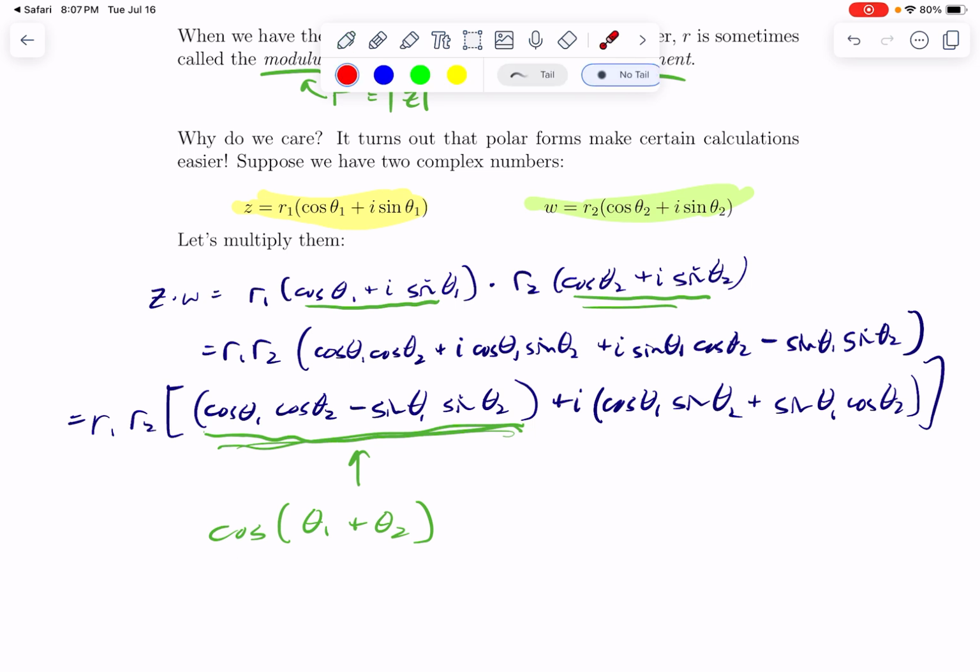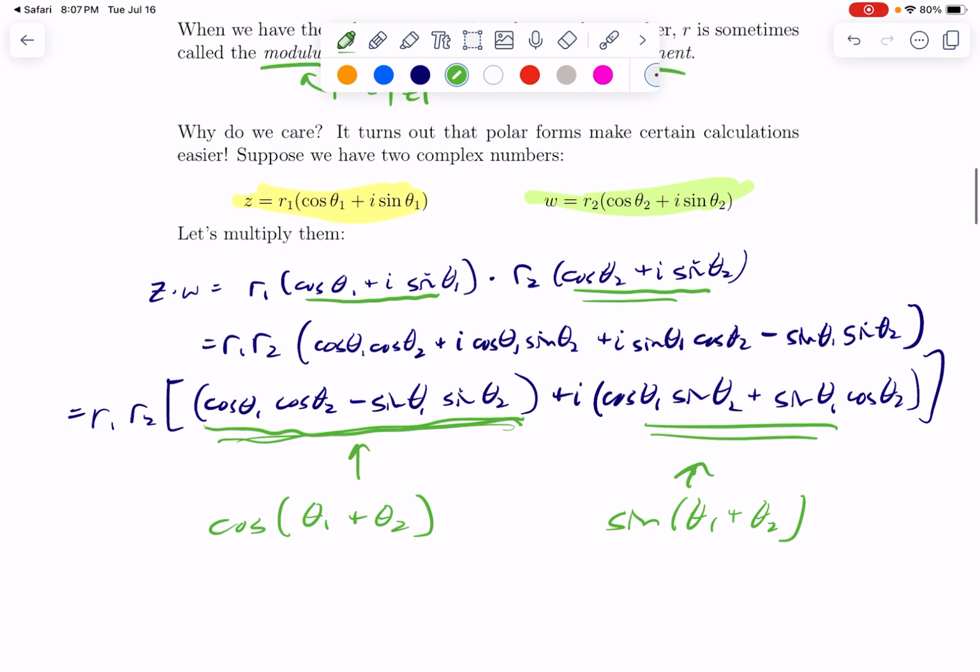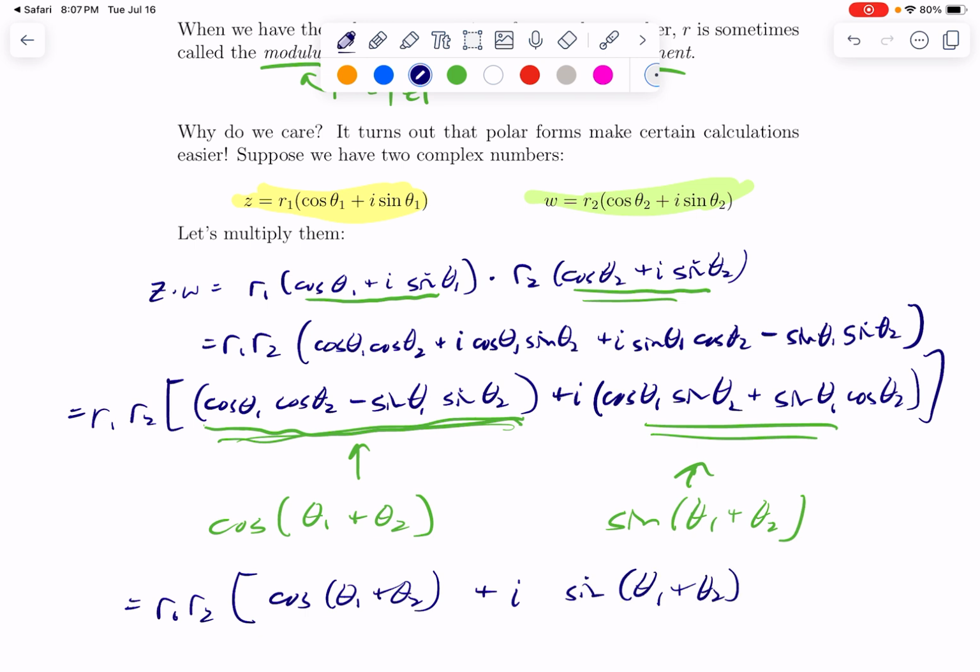So if I want to know the cosine of two angles added together, this is the formula. And this here is the sine of those two angles added together. So what I have here is r1 r2 times cosine of theta 1 plus theta 2 plus i sine of theta 1 plus theta 2.